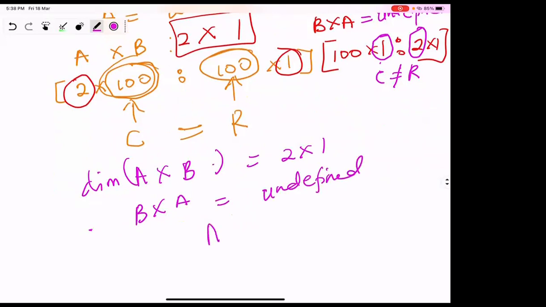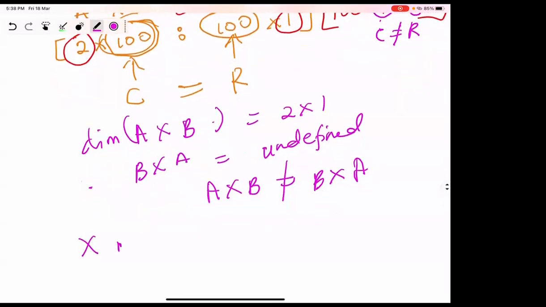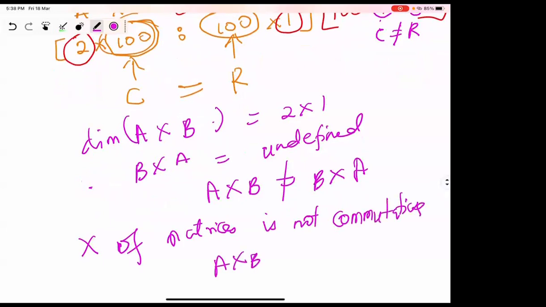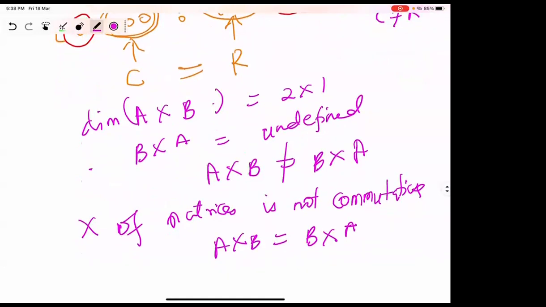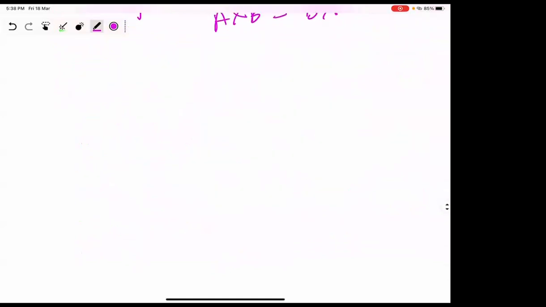Okay, so since A times B is not the same as B times A, we say that multiplication of matrices is not commutative. If A times B is always equal to B times A, then we'll say that the multiplication of matrices is commutative, but that is not the case.